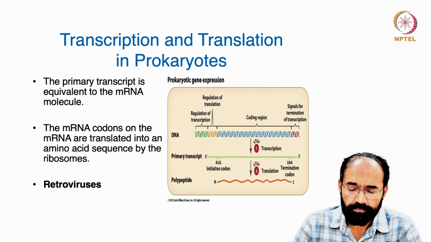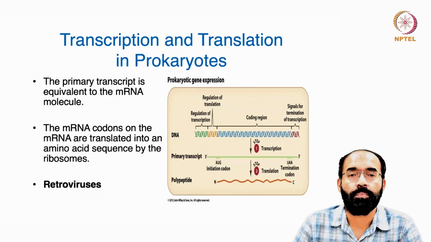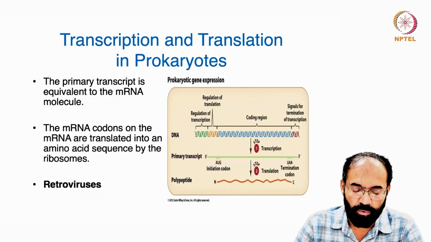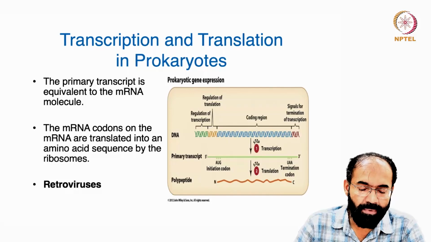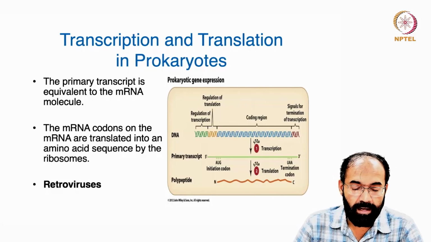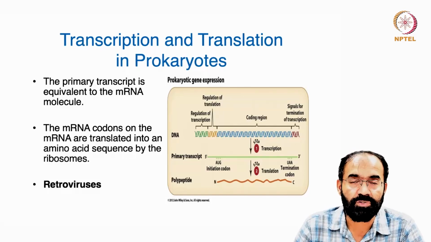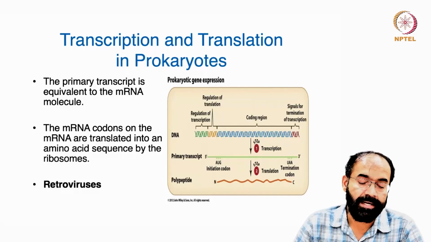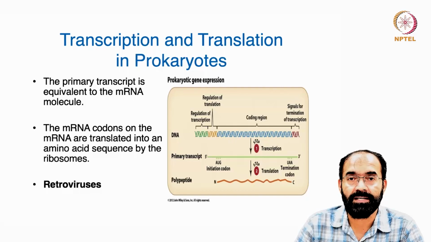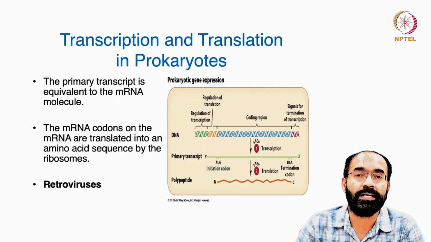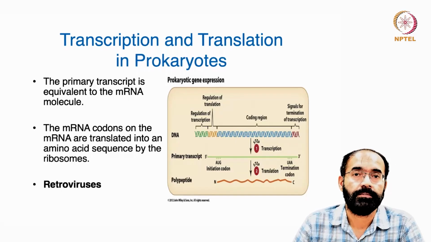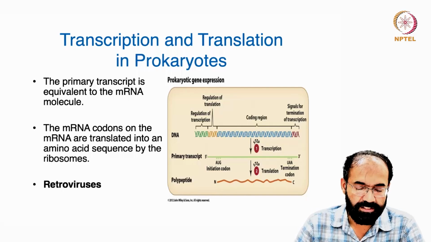Now the second process is the production of the protein, that is protein translation. The codons on the mRNA are translated into an amino acid sequence with the help of ribosomes and tRNA. This mRNA is now getting converted, that is, encoded into a protein sequence or an amino acid sequence.